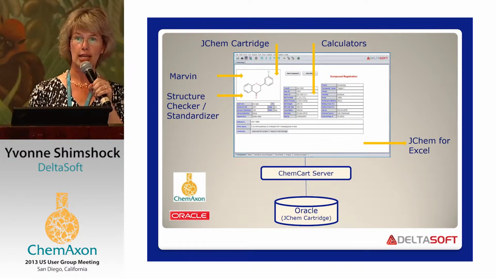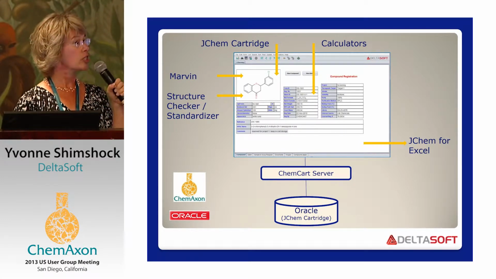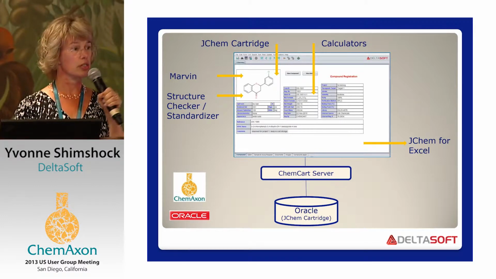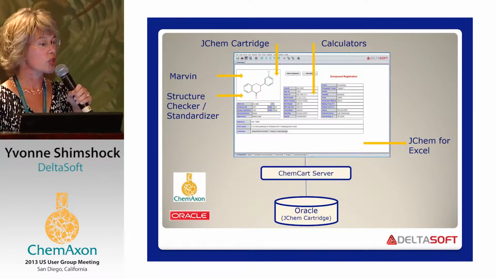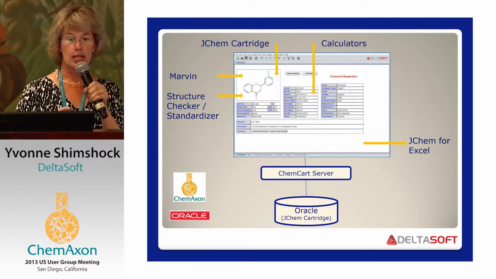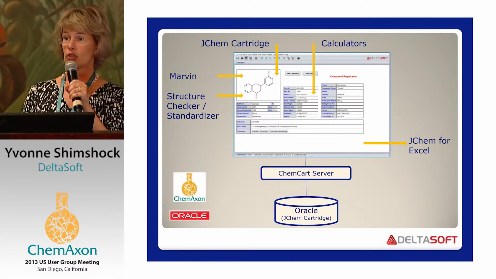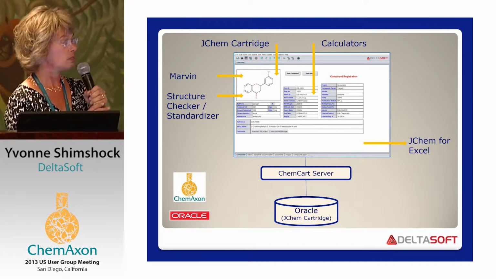We're also using the JChem cartridge for calculators as well within the system. We're integrated with Marvin for structure sketching and rendering. We use the structure checker and the standardizer for compound registration so that you can maintain the integrity of your database. And then we also support JChem for Excel as well.